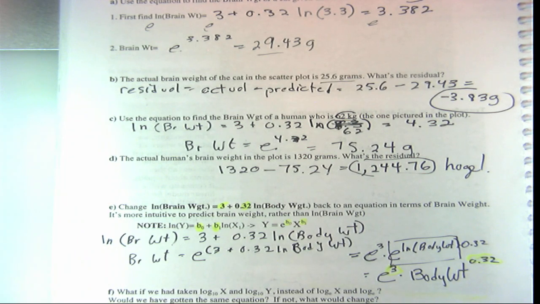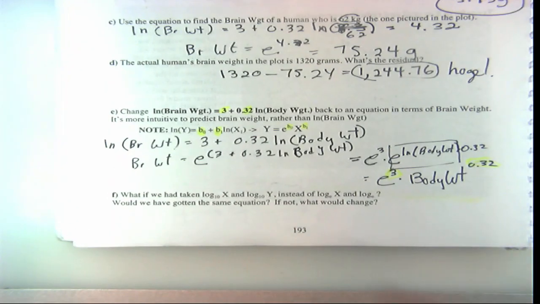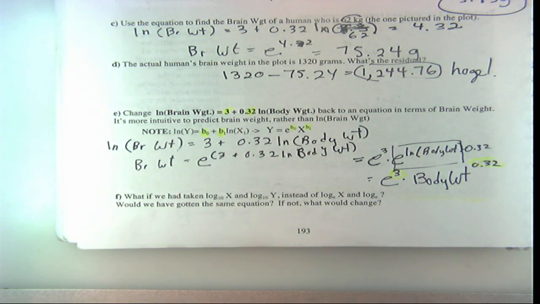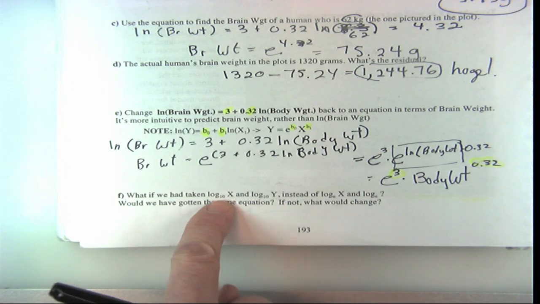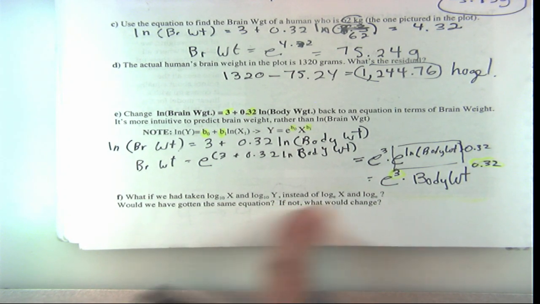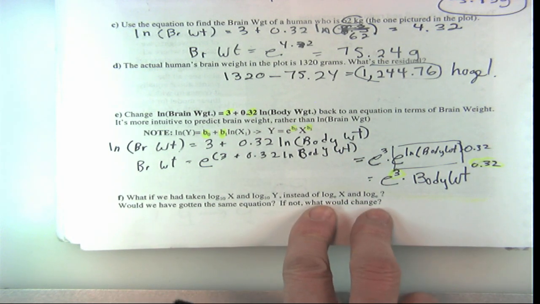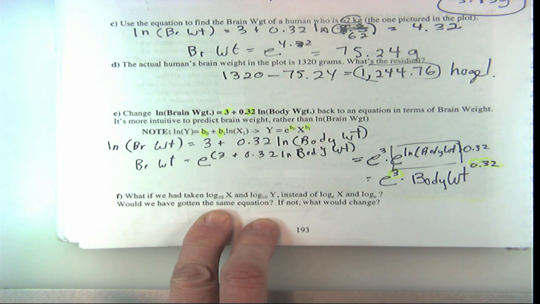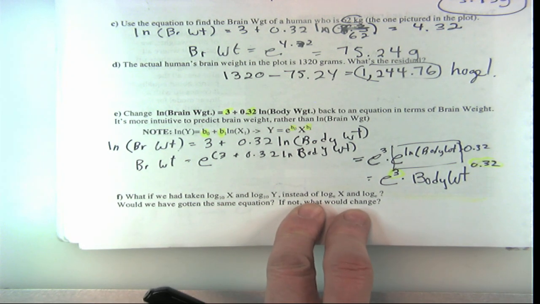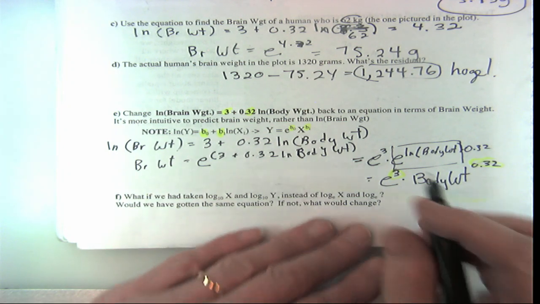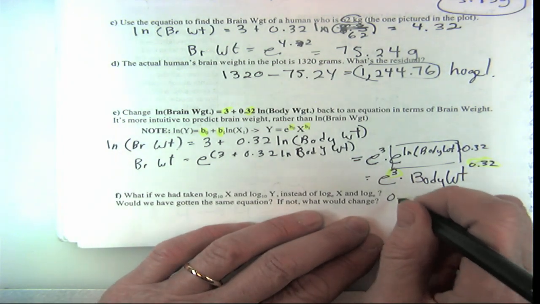That's all. So now, what if we had been in base 10 instead of natural logs? What if we were doing all this in base 10? Would we have gotten the same equation? If not, what would change? Well, only the intercept would change. The slope would stay the same.